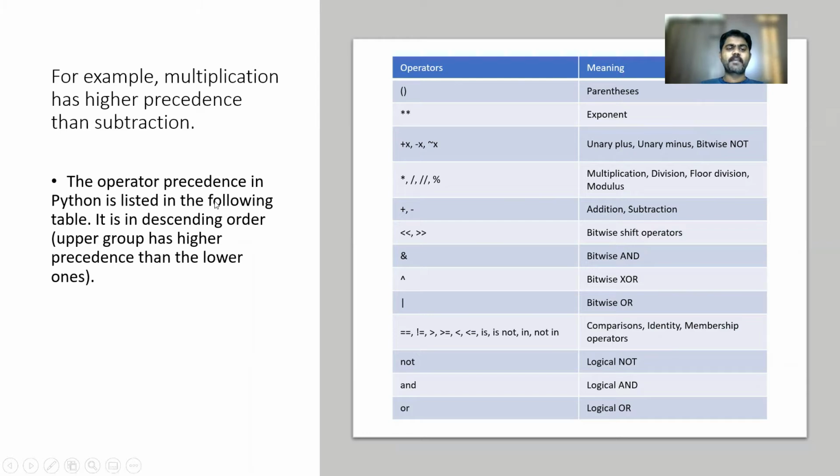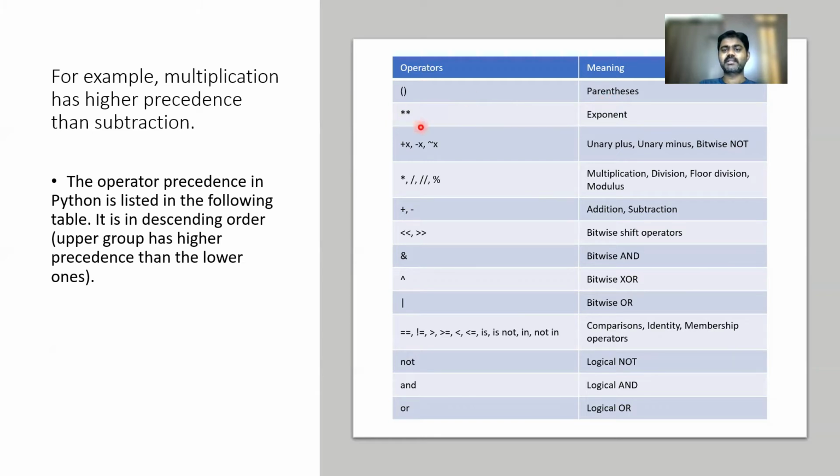Now we'll see the operator precedence in Python. The operator precedence in Python is listed in descending order. The upper group has higher precedence than the lower ones. So this is the upper group: parenthesis. Parenthesis has the highest precedence.